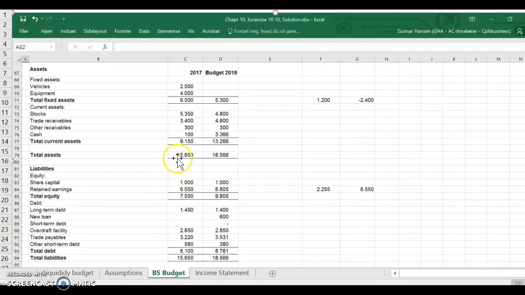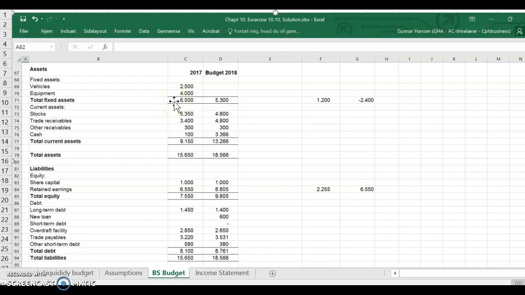Then we can make our budget end of 2018. And here we have all the figures from end of 2017. And let's try to find the total balance sheet here, end of 18. As you can see, we have here in the beginning a booked value of fixed assets 6,500.